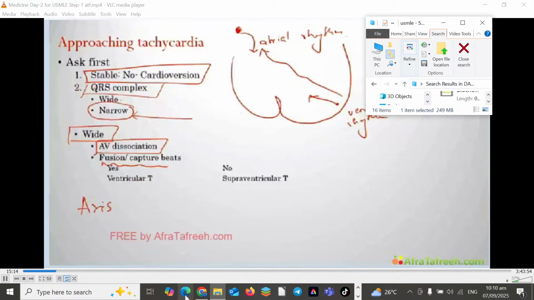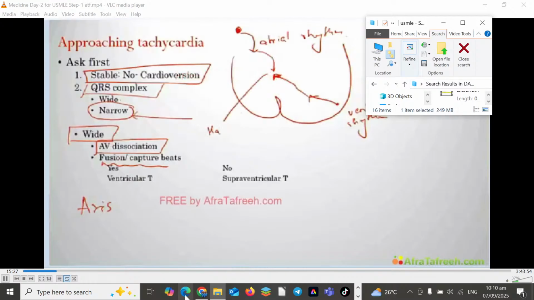What can happen at times is this atrial rhythm and this ventricular rhythm meet halfway. This halfway meeting is called a fusion beat.